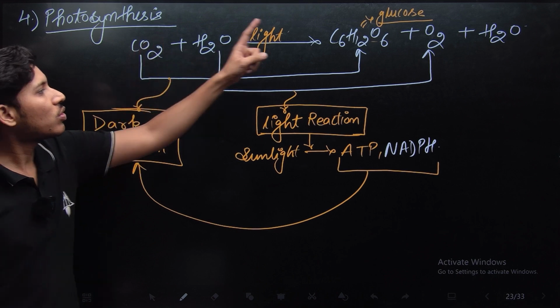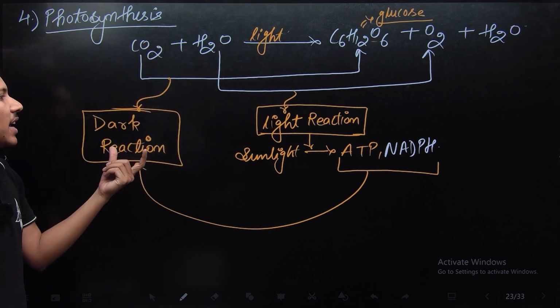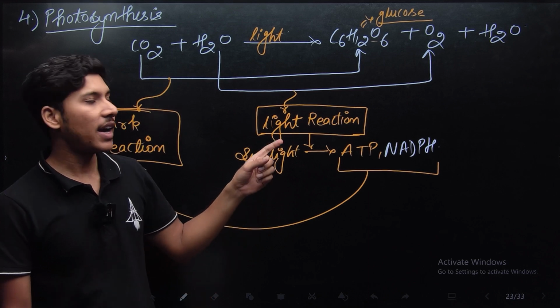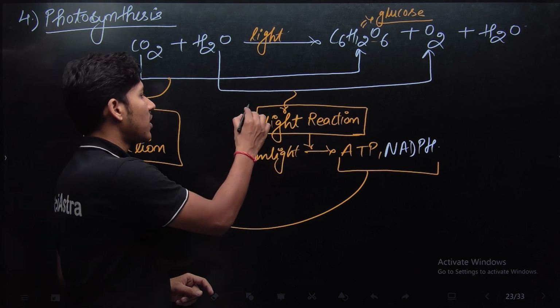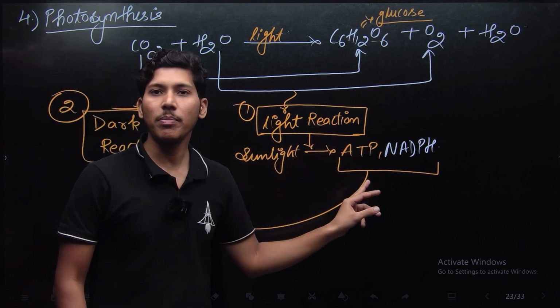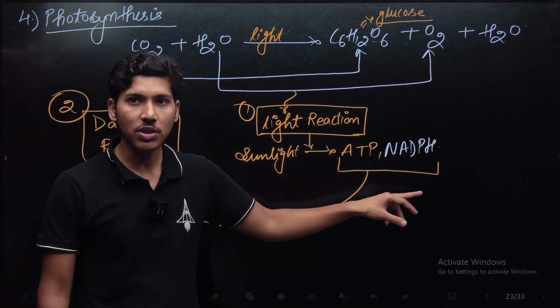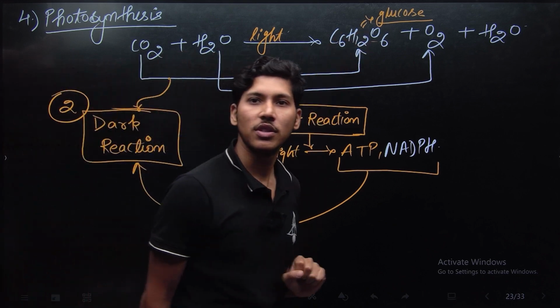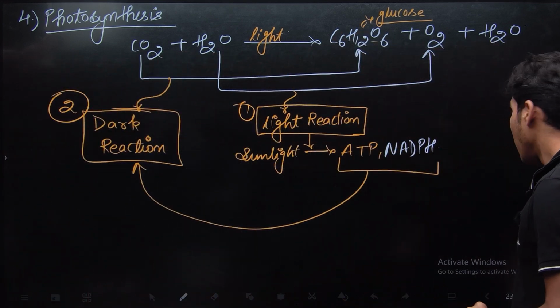The CO2 to C6H12O6 is known as the dark reaction. The H2O to O2 is known as the light reaction, and the light reaction occurs first, followed by the dark reaction, because in the light reaction some energy-rich molecules are produced, which are used in the dark reaction to produce glucose.